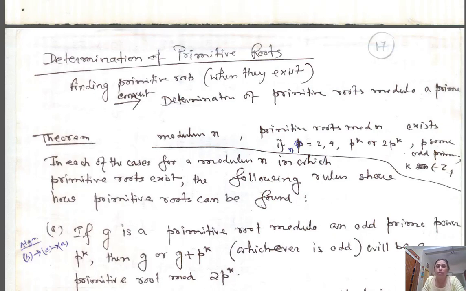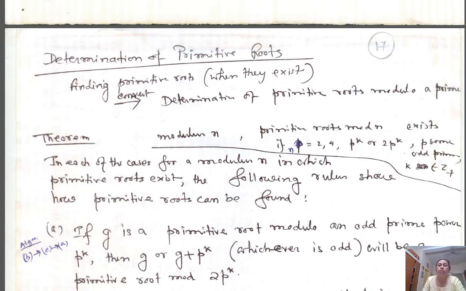Okay, so we know primitive roots exist for n when n is either 2 or 4, or p to the power k, or 2 times p to the power k, where k is a positive integer and p is some prime. So if you are finding a primitive root modulo a prime power or 2 times a prime power, you can convert this problem into determining the primitive root modulo a prime p.